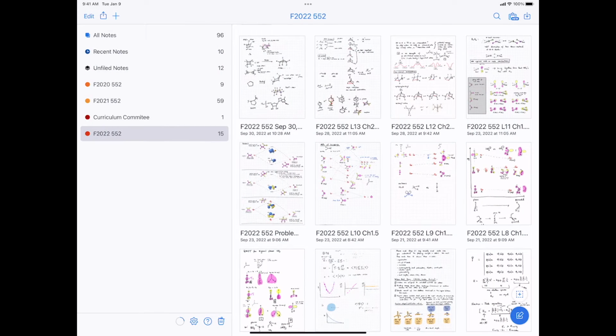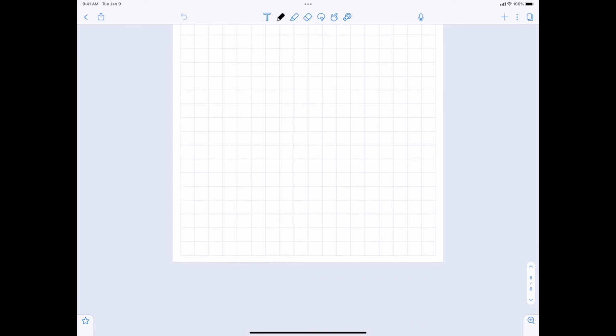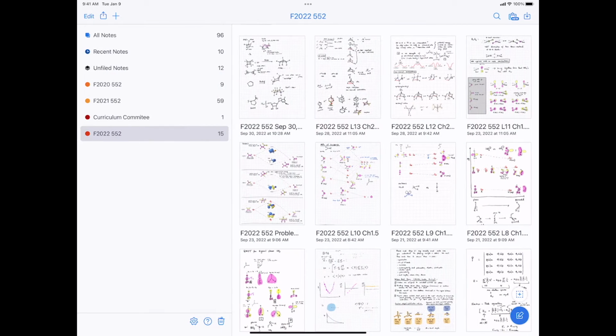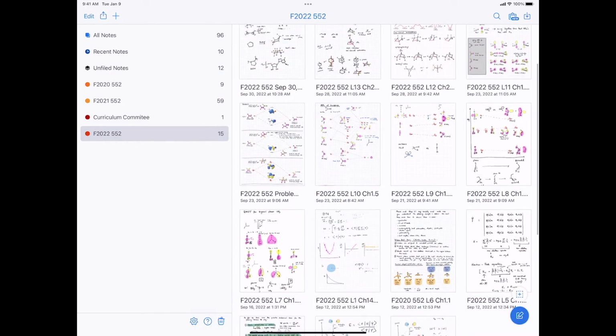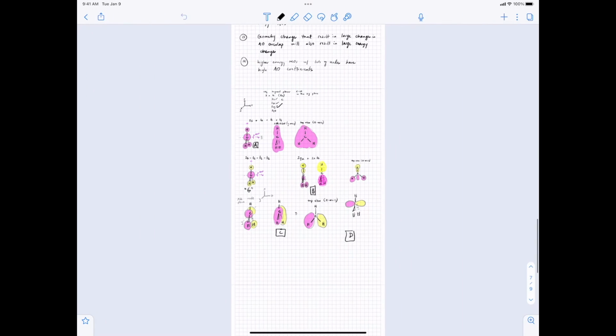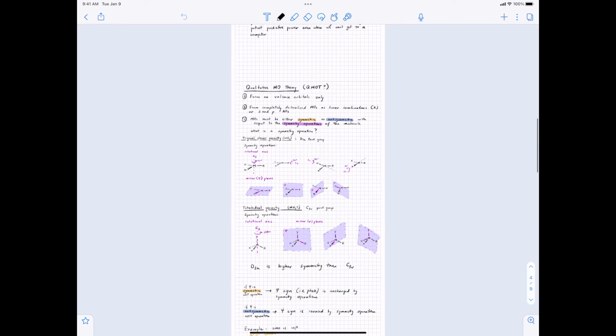So I'll show you an energy diagram. Nope, that wasn't it. Sorry. Sure. Let's see if I can show you. That was also not it.